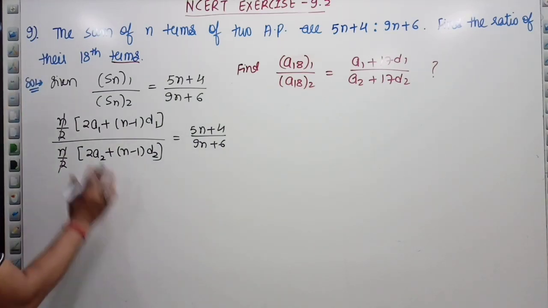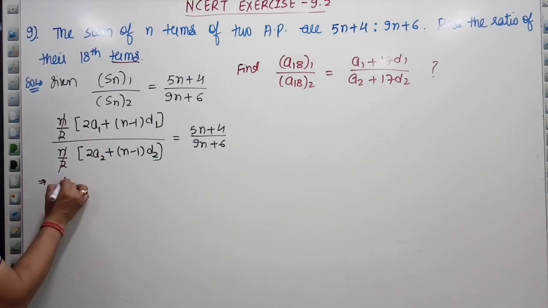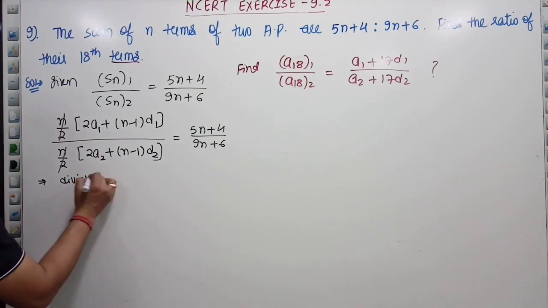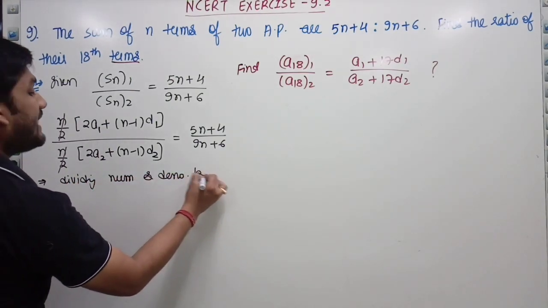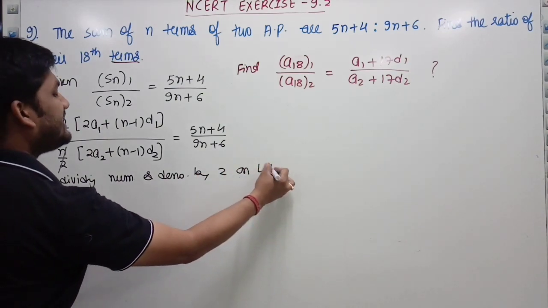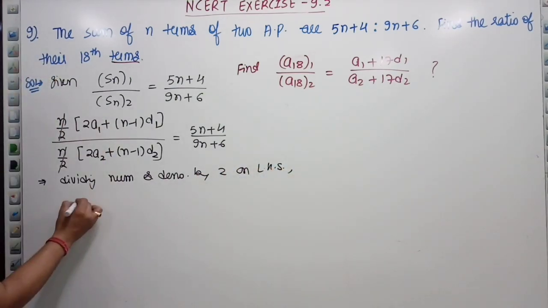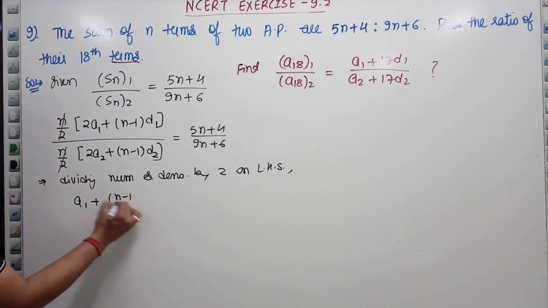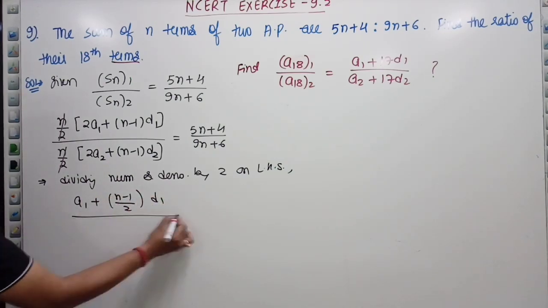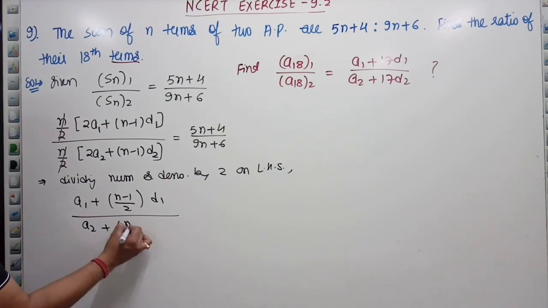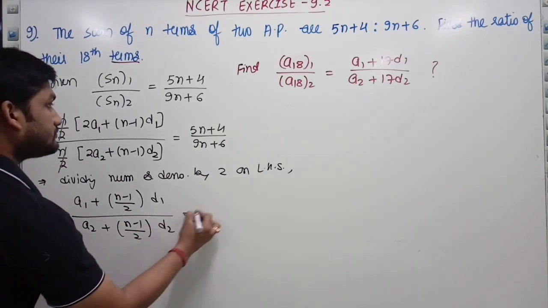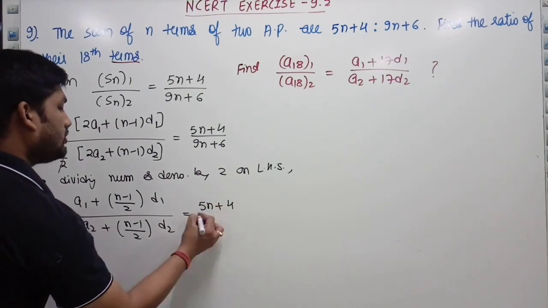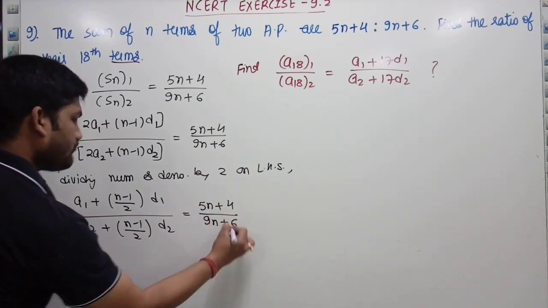Okay, so what I am doing, I am taking 2 common, or dividing numerator and denominator by 2 on the LHS, right? So a1 plus (n minus 1) by 2 d1 whole upon a2 plus (n minus 1) by 2 d2 is equal to 5n plus 4 upon 9n plus 6.